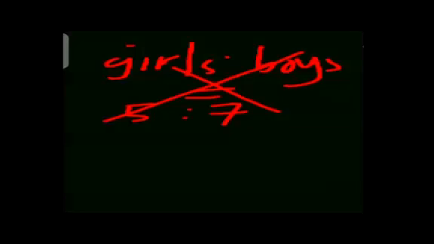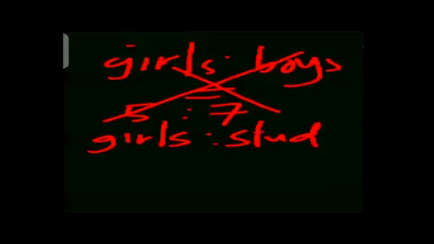We are looking for the ratio of the girls to the total number of the students. The girls has already been given as 5, but the students is actually 5 plus 7. That is the total number of the students, and that gives us 12.